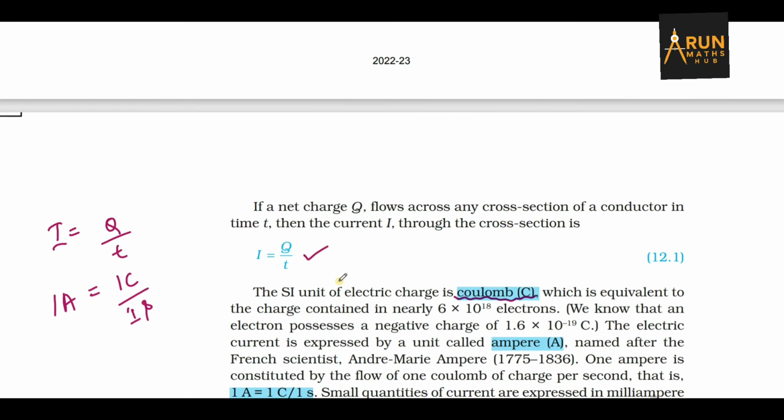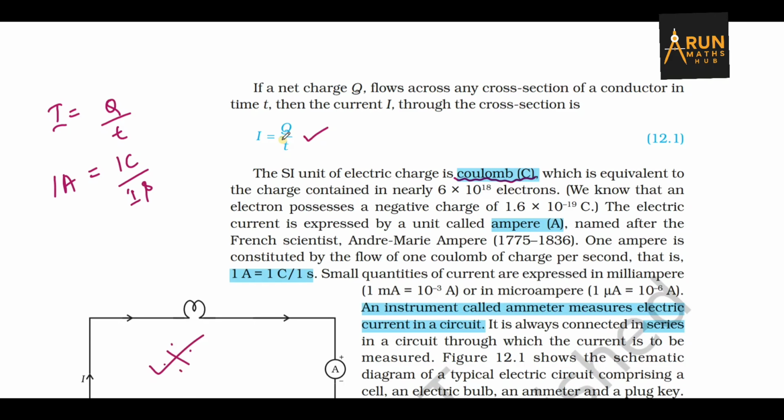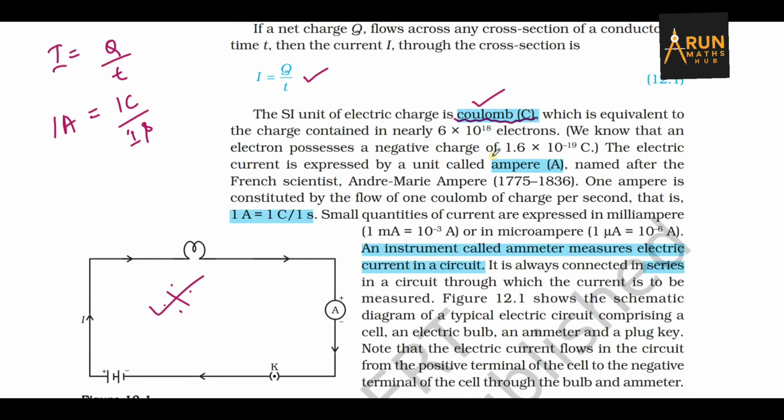So in this paragraph, the important questions you can expect are: the formula to find the current, that is I equals Q by T; the SI unit of electric charge is Coulomb; the SI unit of electric current is ampere.